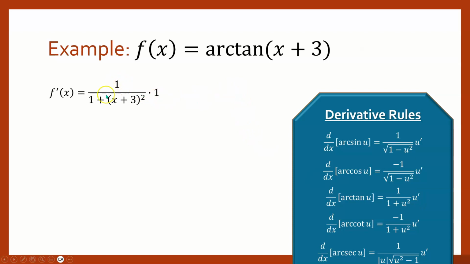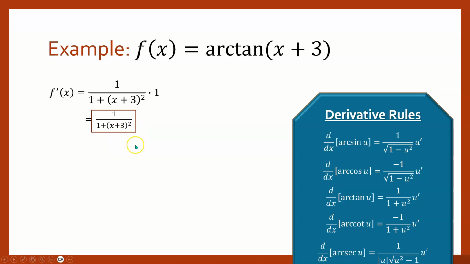So here that would be 1 over 1 plus x plus 3 squared times the derivative of x plus 3, which would just be 1. So multiplying by 1 doesn't change anything, so we just get 1 over 1 plus x plus 3 squared.